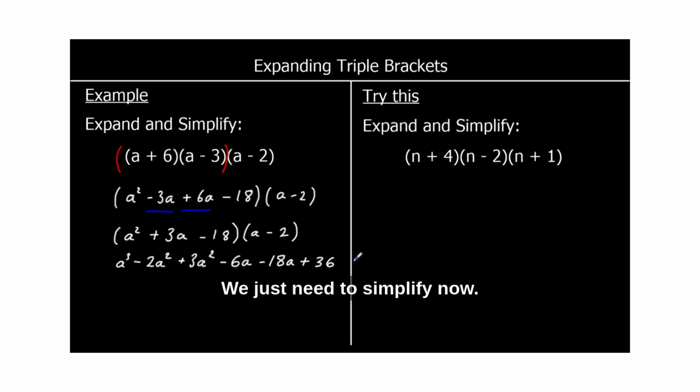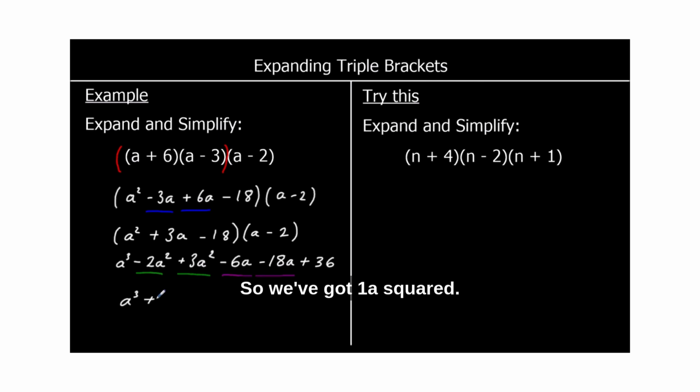So we've expanded. We just need to simplify now. So we've got 2 a squared terms and 2 a terms that we can simplify. So we've got a cubed. We've got negative 2a squared, plus 3a squared. Negative 2 plus 3 is 1.